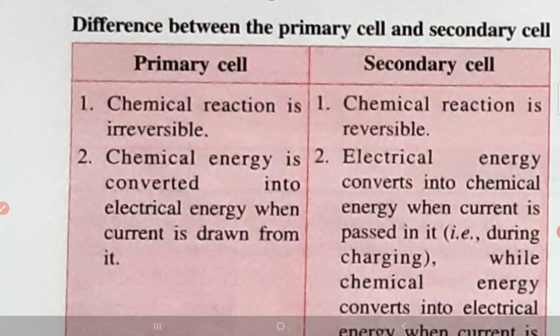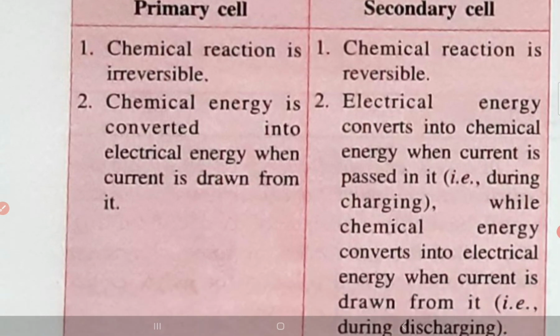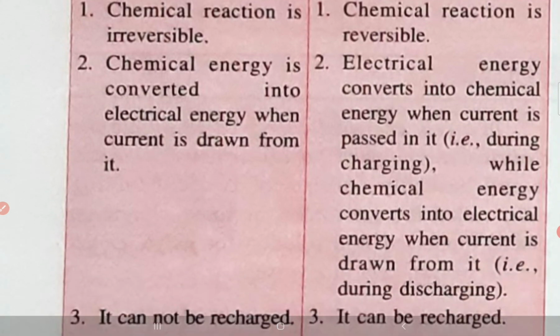In a secondary cell, the chemical reaction is reversible. In a primary cell, chemical energy is converted into electrical energy when current is drawn from it, always in one direction. Whereas in the secondary cell, chemical energy is converted into electrical energy when it is being used, but electrical energy can also be converted into chemical energy when current is passed in it, during charging.